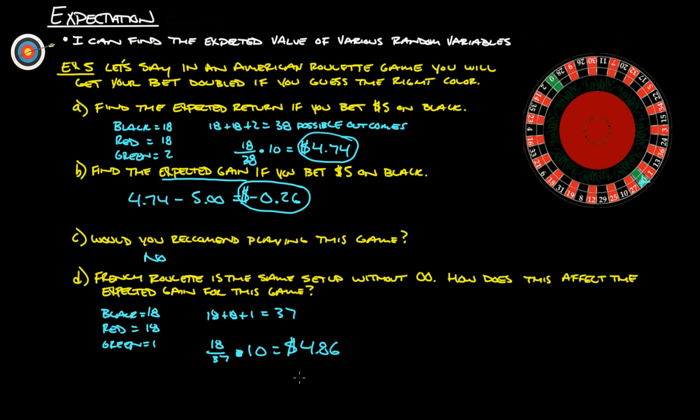So our expected gain would be 4.86 minus 5.00, which is negative 14 cents. That is your expected gain on that game instead. It's a little bit better, but still not fantastic, I suppose.